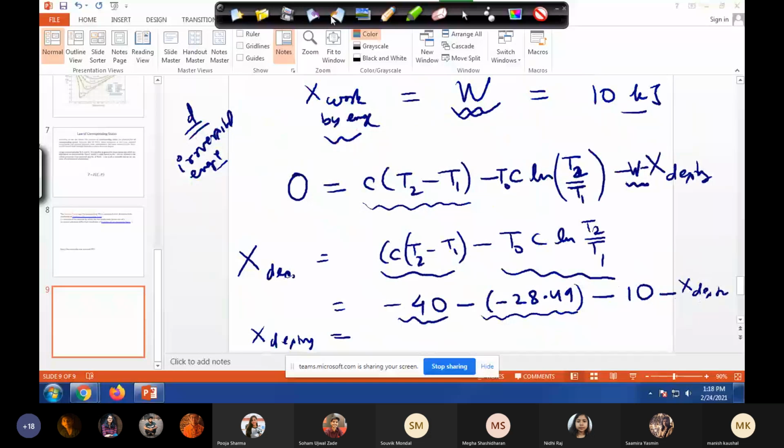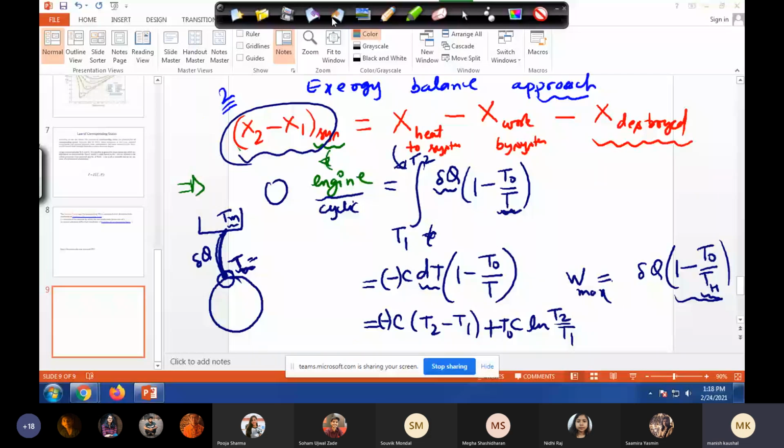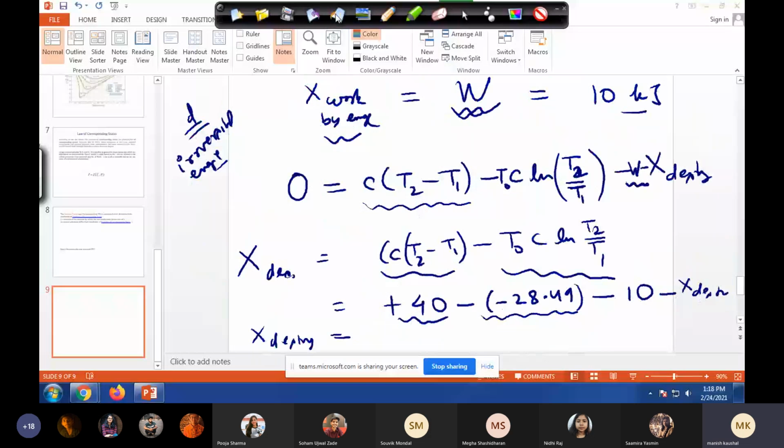So basically this will be plus 40, and then there is no minus, so this is a plus sign, and now I will get what I am looking for. X destroyed will be 40 minus 30, minus 28.49.